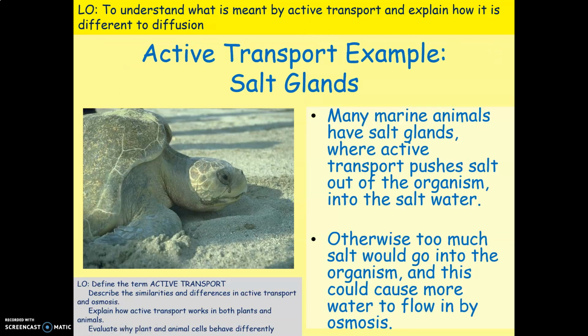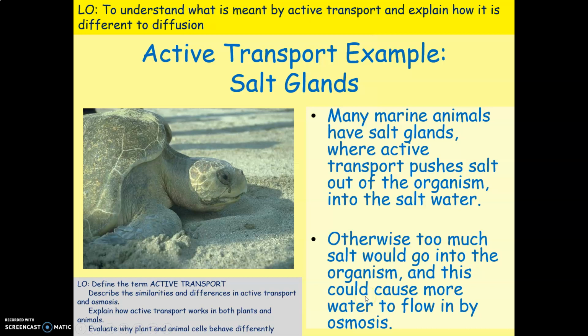Another example of active transport is in marine animals. Usually marine animals have salt glands, and these salt glands push out salts from the organism by active transport. If not, so much water would diffuse into the organism by osmosis.